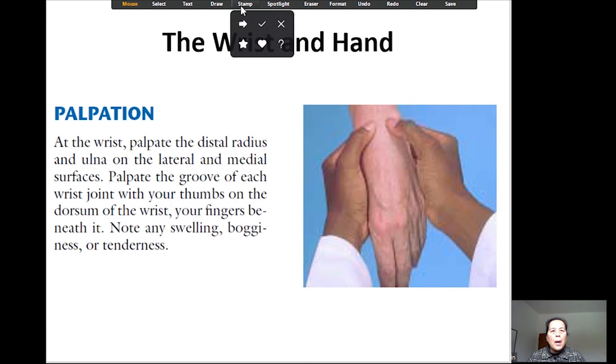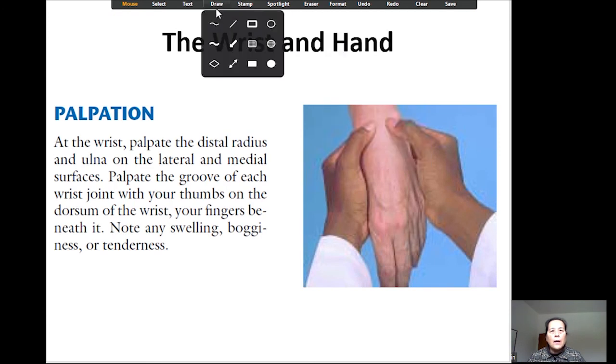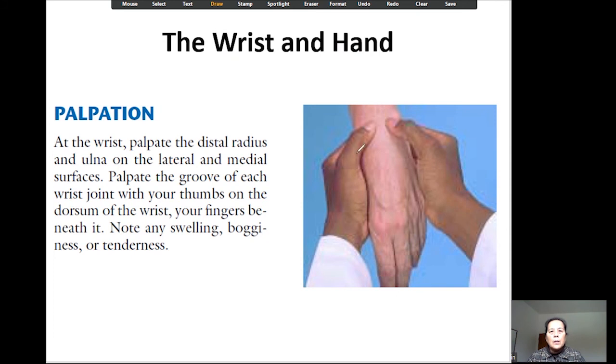Then we're talking about the wrist and the hand, the wrist joints and hand. Most people possibly have some trouble there, like arthritis. When we inspect, we can see swollen joints and deformed joints. That's pretty common for people with arthritis. And certainly we can palpate the joints.